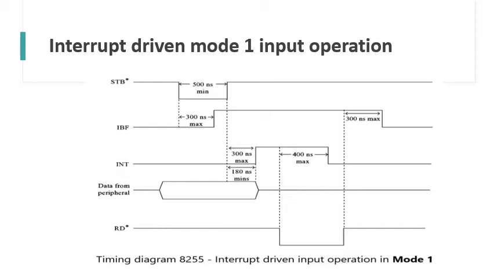Step 1. Whenever there is new data, there is a low going pulse on the active low signal pin STB, which exists for 500 nanoseconds.